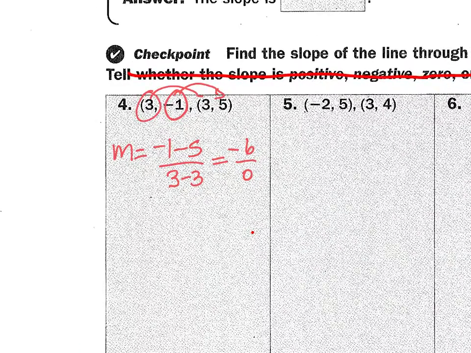You can't do it. Remember, when the denominator is 0, this is an undefined slope. And you can tell that by looking at your x values. See how they're the same? That tells you it's a vertical line, and you could actually see that the equation would be x equals 3.